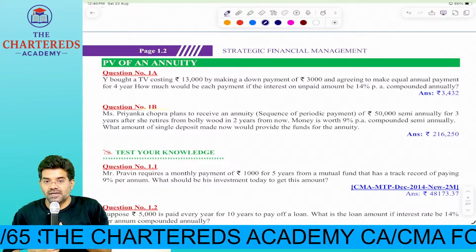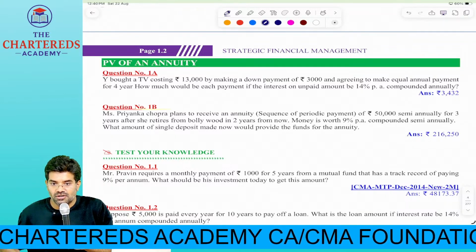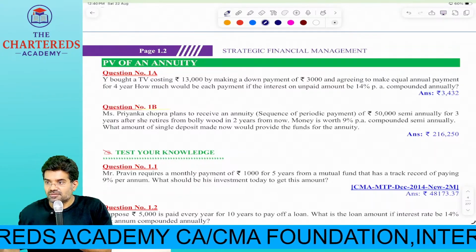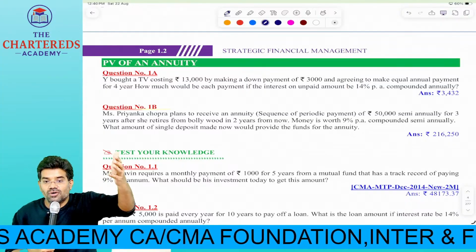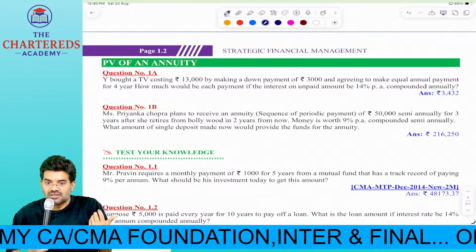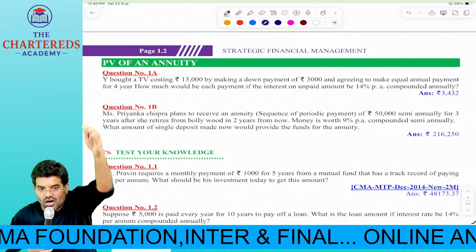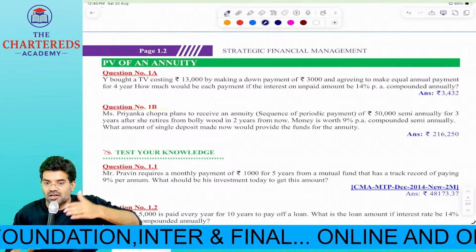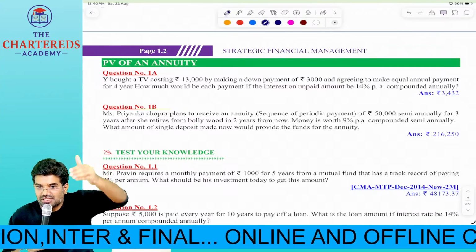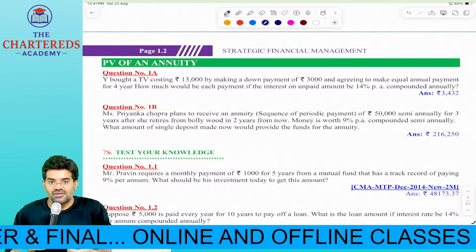Now what do I know, tell me? If I take a loan, I know today's loan, the present value. What I know? Present value of all those I know. What I don't know? Annuity I don't know, what the installment is I don't know. Okay, visualize. If I discount all the installments, how they plan the installment is, if I discount all the 60 installments, that should be equal to today's loan amount.